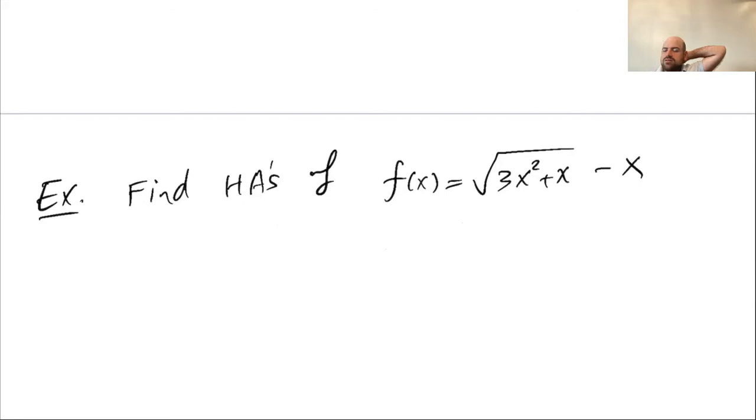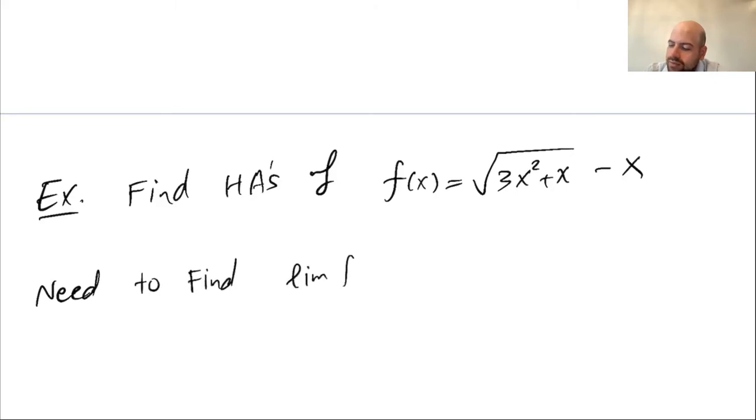To find the horizontal asymptote of a function, we need to find the limit of that function as x goes to infinity and the limit of that function as x goes to minus infinity. So we need to find the limit of f of x as x goes to infinity and the limit of f of x as x goes to minus infinity.